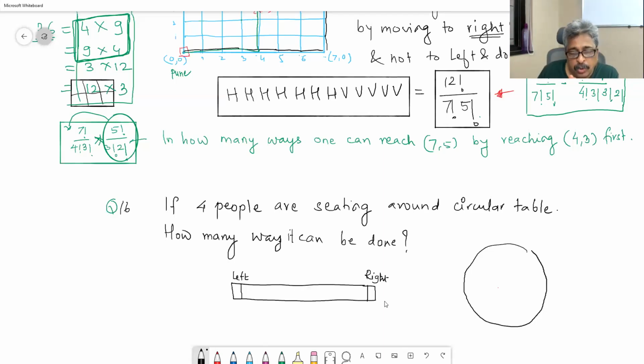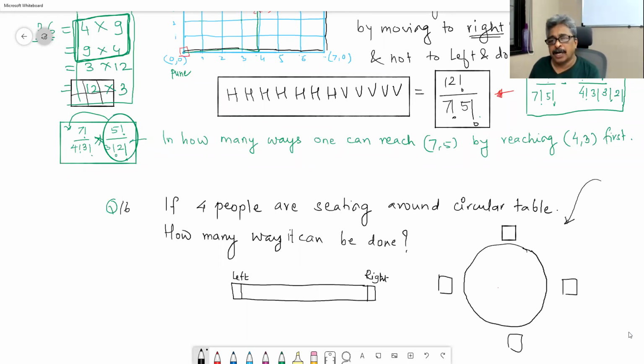When you are in a row, the relative positions are fixed irrespective of where you are standing, left and right. But when you are sitting in a circle, left and right do not exist. So there are 4 chairs here. The first person enters the room. How many choices does he have?